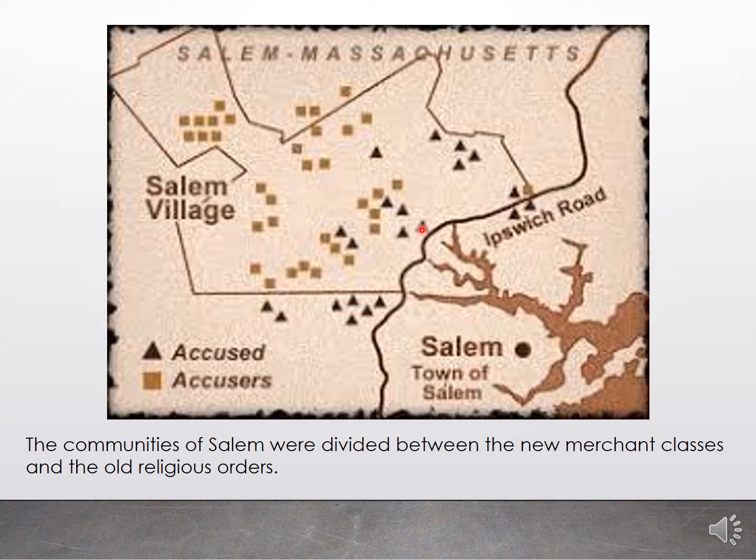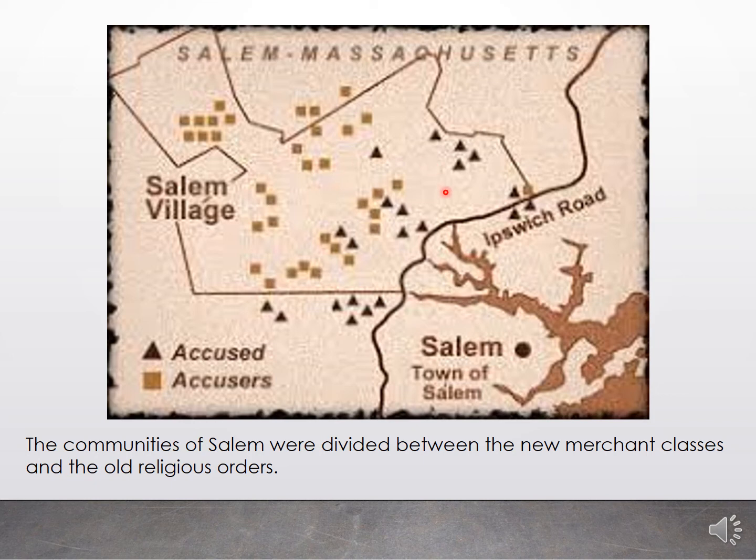Well, it turns out that these two groups of people were actually different waves of colonists. So the accusers tended to be more of the old colonists, definitely more rural areas out here along the frontier, which would have given them more anxiety, especially when it came to Native Americans. And they tended to be more religious.